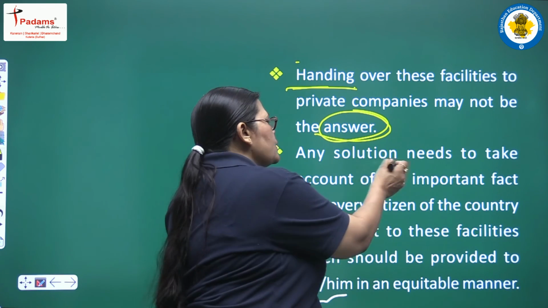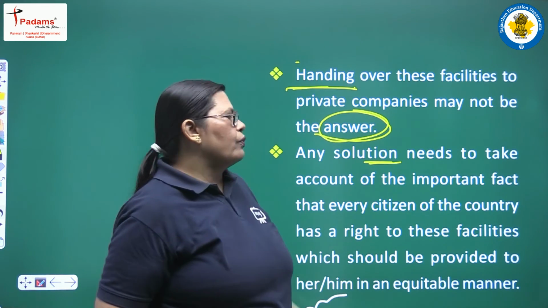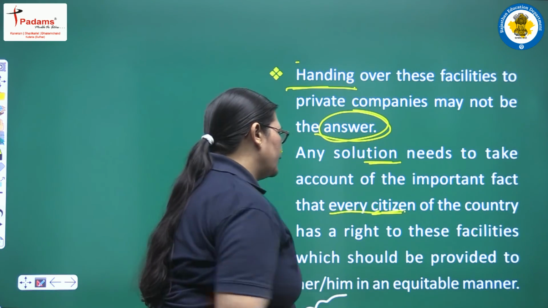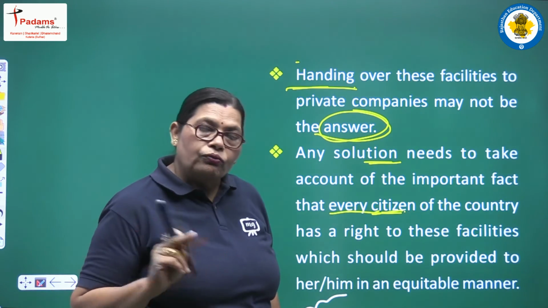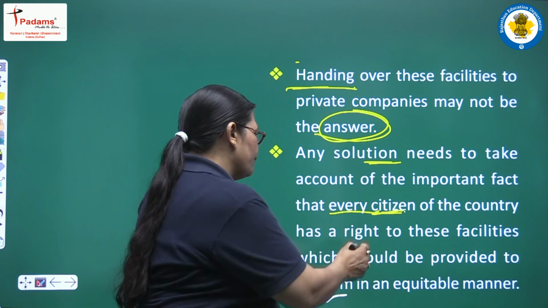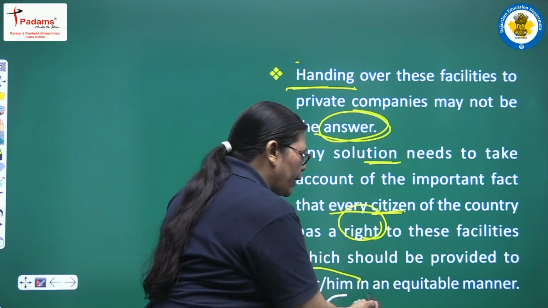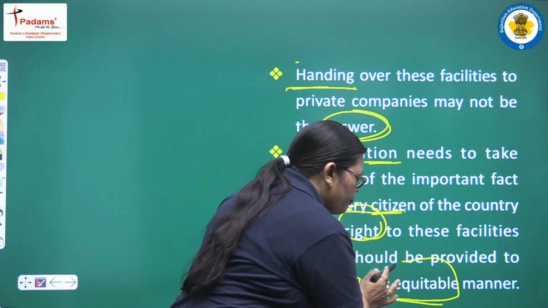Any solution needs to take account of the important fact that every citizen of the country has a right. What's the right? The right to these facilities, which should be provided to him or her in an equitable manner.